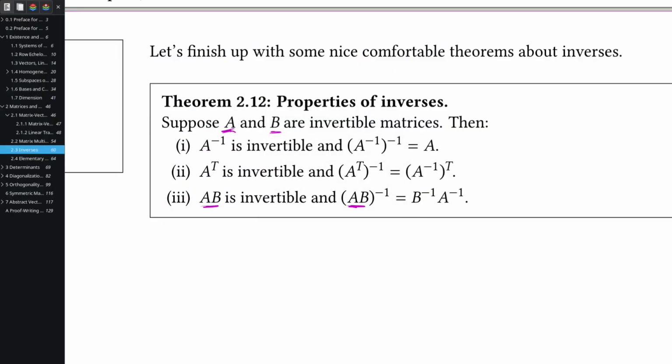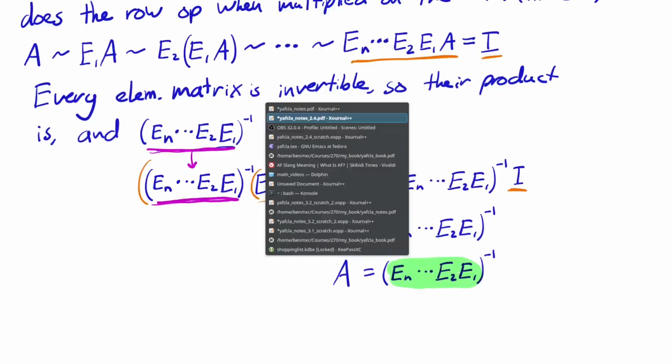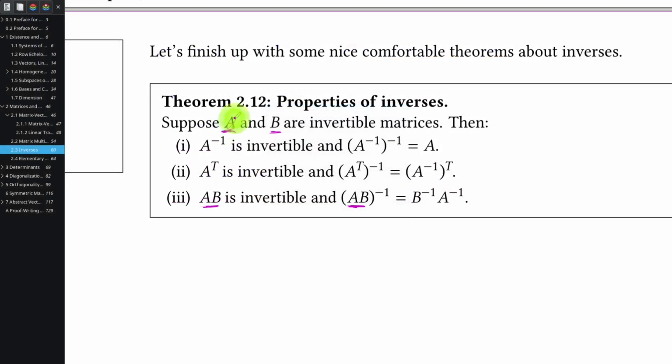What does this theorem here say? Well, instead of A here, I want to think of this A as that product of elementary matrices. The inverse of a matrix is invertible as well, is what this says.